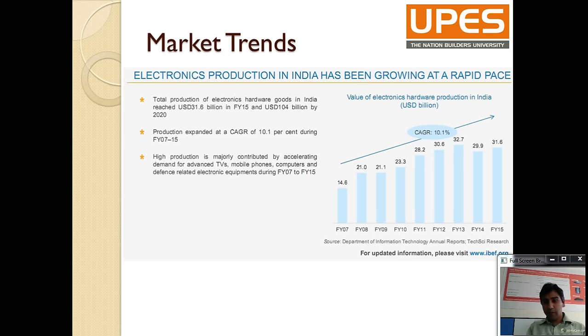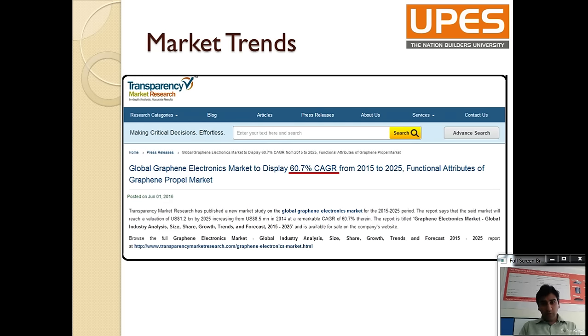So it's expanding. Another study from a third-party market research agency called Transparency Market Research says that the graphene-based electronics market will display a 60.7% CAGR, compound annual growth rate, from 2015 to 2025. This is predicted and published by Transparency Market Research, so we can expect this.